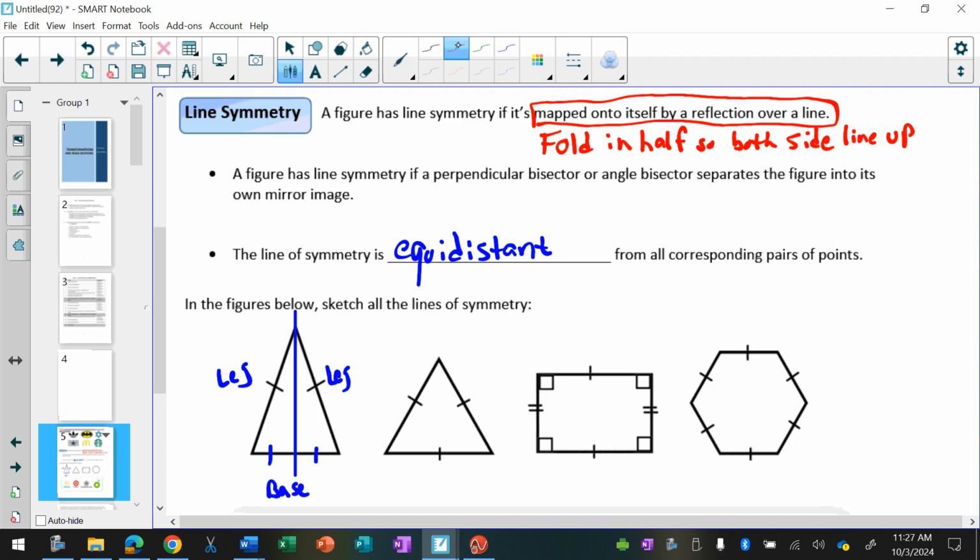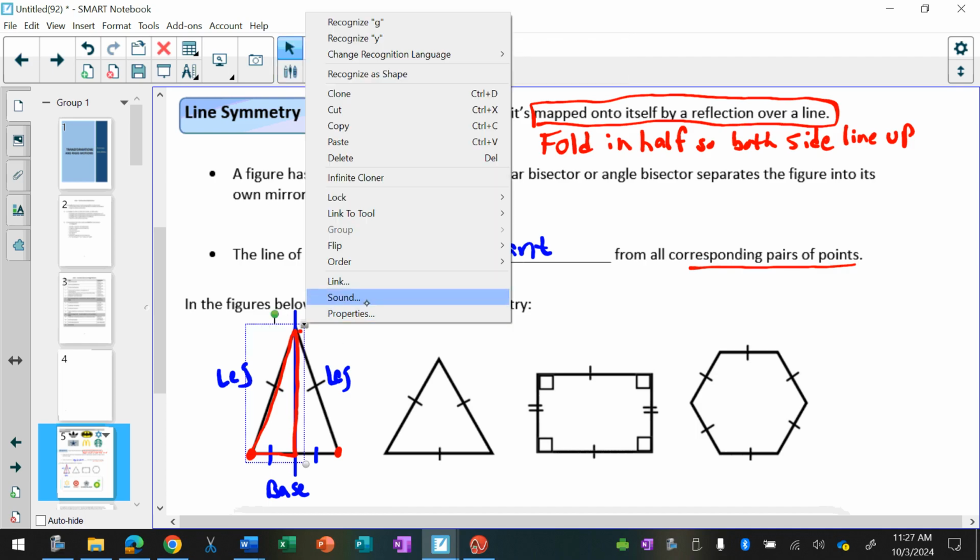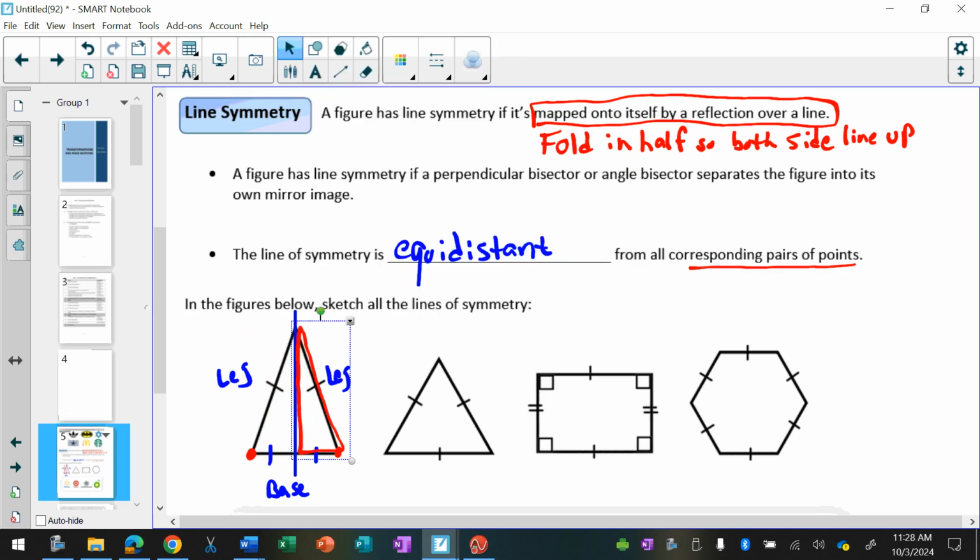So that means the corresponding pairs of points means this lower left angle perfectly corresponds to this lower right angle, because if I were to take the triangle on the left-hand side and fold it over that line of symmetry, it would fall perfectly on top of the other side.